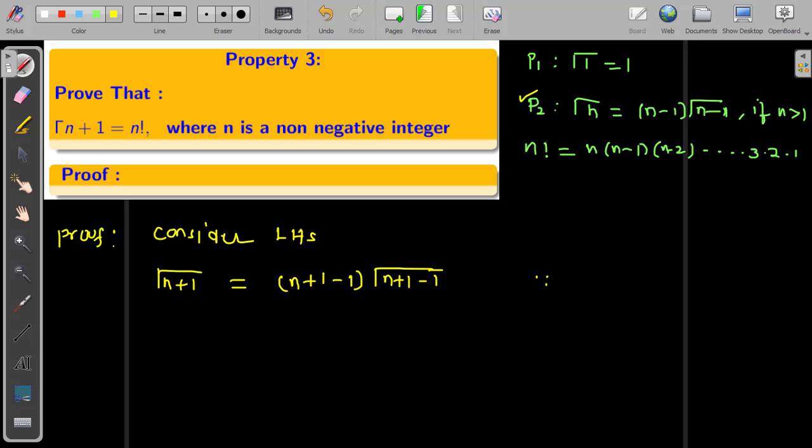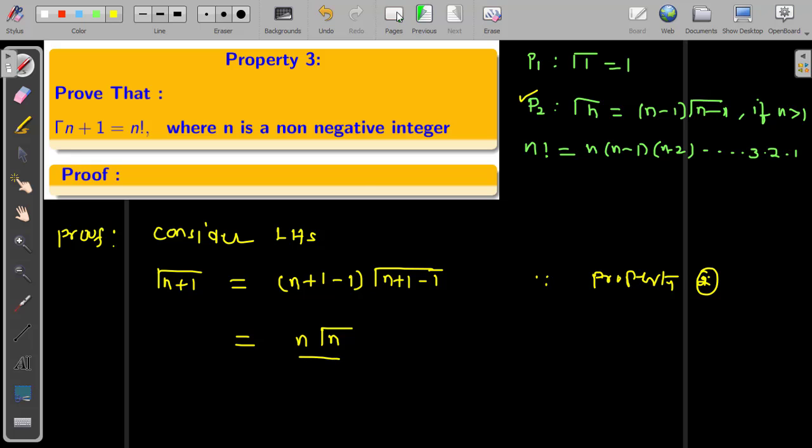So here I applied property 2, which was already discussed in the previous video lecture. After simplification, we get n times gamma of n, because plus 1 minus 1 cancel out. Again it's exactly the property 2 format.